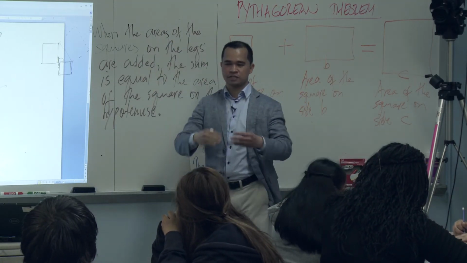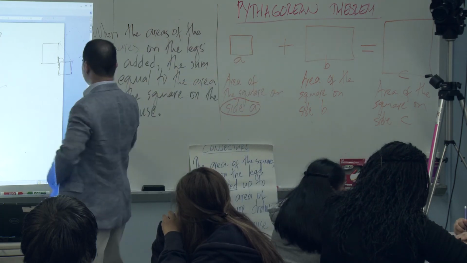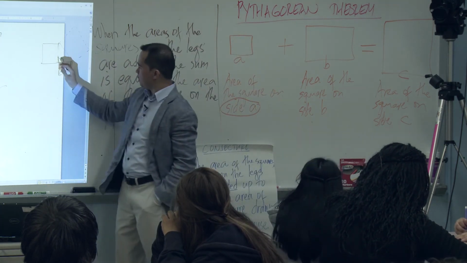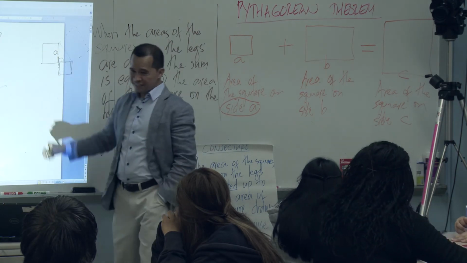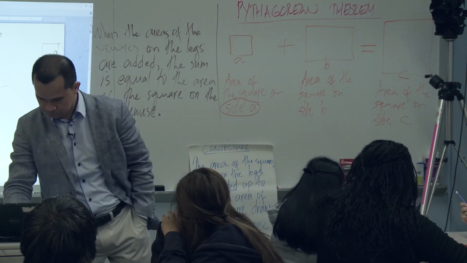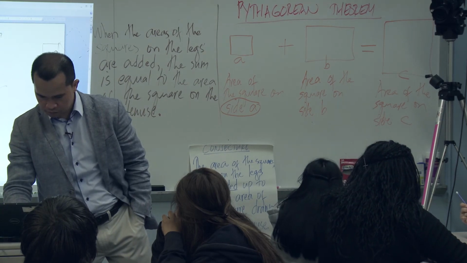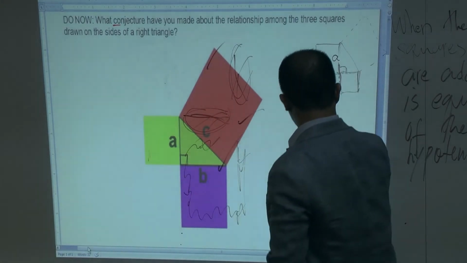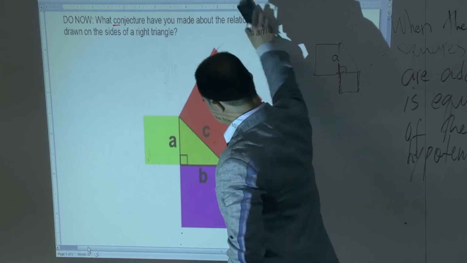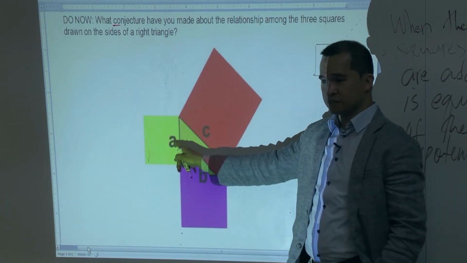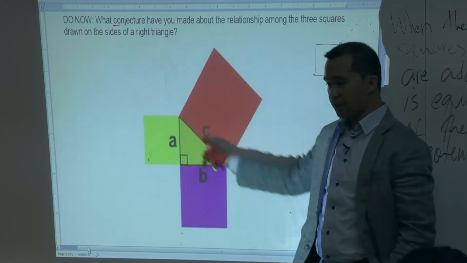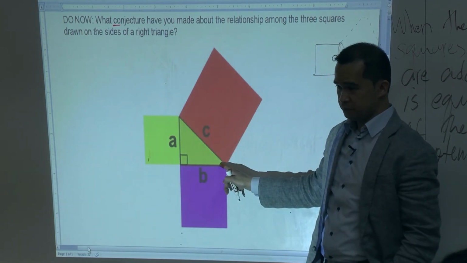If we translate this into symbols, remember, let's go back to this representation here. You remember this? If we let the lengths of the legs be represented by A and B, and the hypotenuse by C, right?